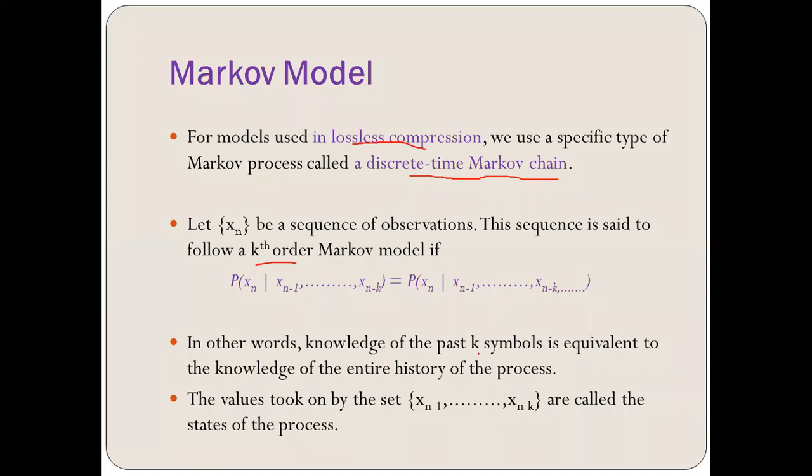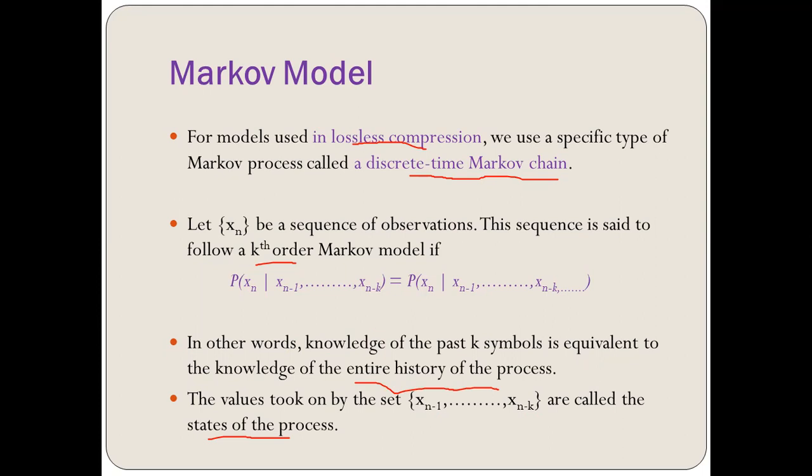The knowledge of the past k symbols is equal to the knowledge of the entire history of the process. The values taken by the set x_{n-1} till x_{n-k} are the states of the process. So we have a number of states represented by x_{n-1} and so on. I think we can easily get this with the help of an example we are going to see in further slides.